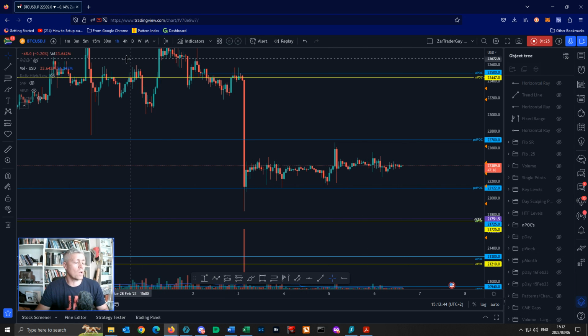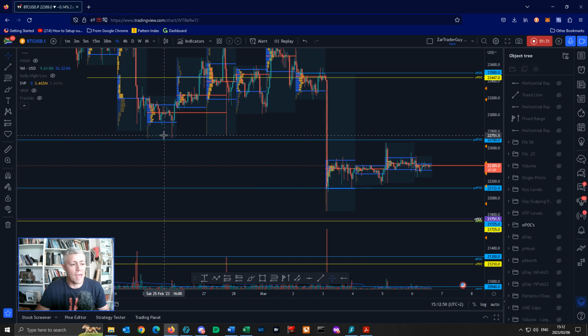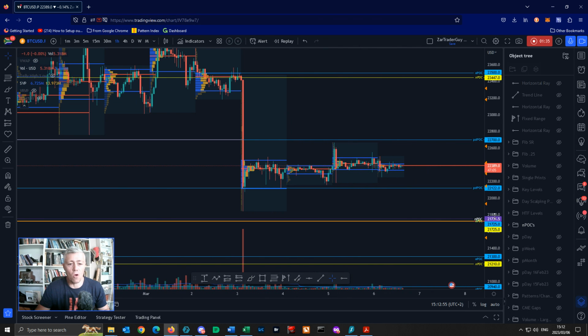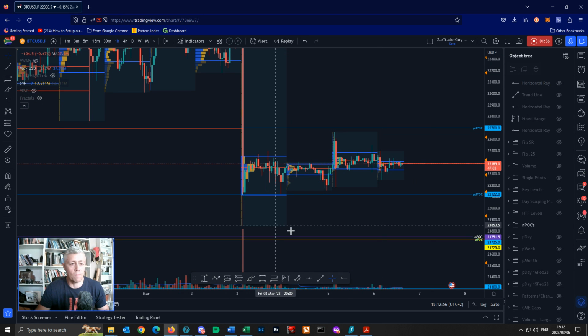These levels you can see if you put on a session volume profile, but they're not as accurate as using ATAS and some kind of order flow software or TPO software. So I normally get these levels from ATAS, from my TPO. I go and look at the daily chart and chart these levels over here.